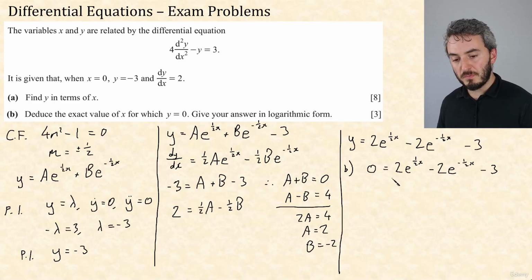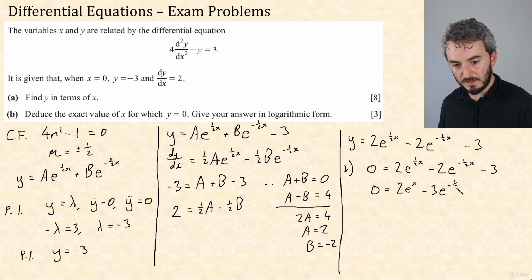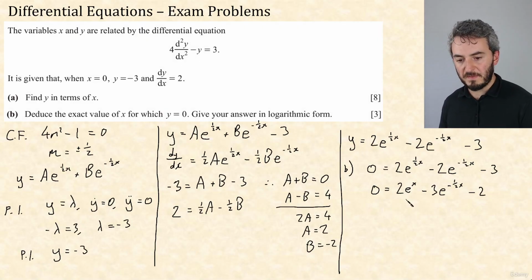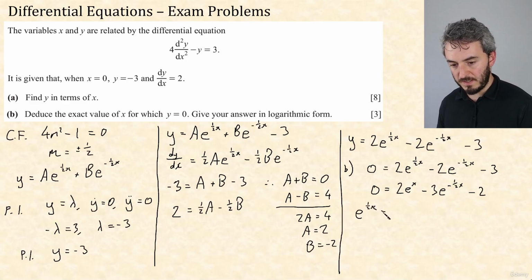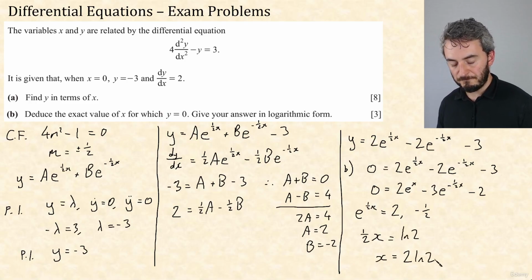If we multiply through by e to the half x, we get 0 equals 2e to the x minus 3e to the half x minus 2. Okay, from here then, solving that disguised quadratic, e to the half x is either 2 or minus a half. But look, an exponential can't be negative. So half x must be ln 2, and therefore x is 2 ln 2.